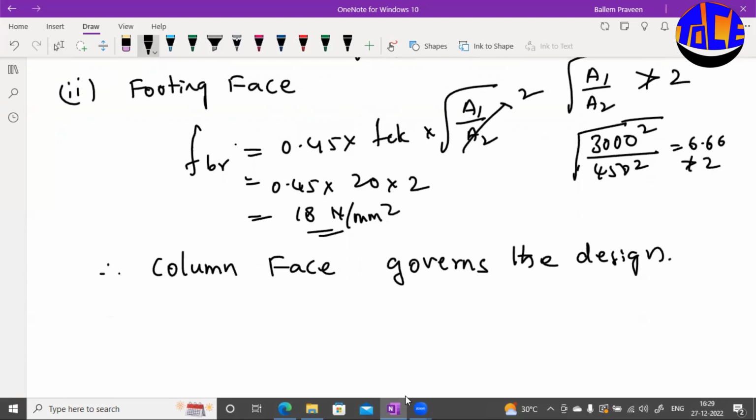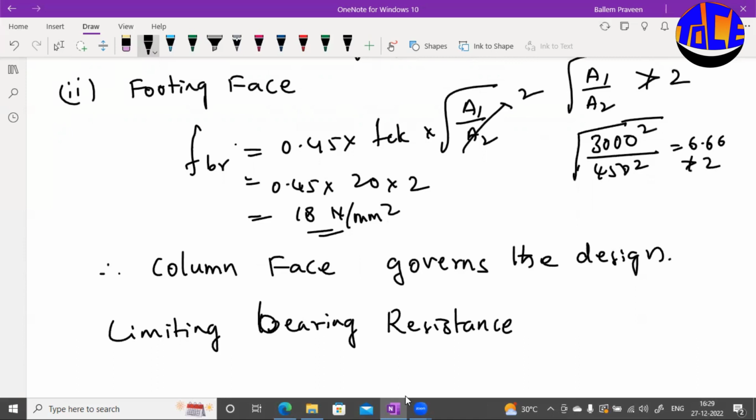Let us see, based on the column face, how much force is being transferred. So the limiting bearing resistance is equal to the bearing stress into the area. Since the column face is governing the design, you have to use the column area.